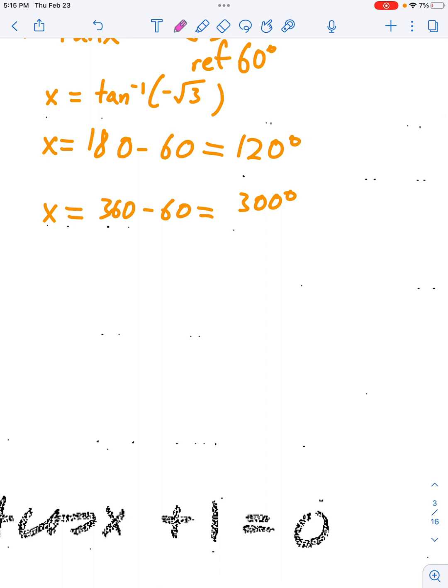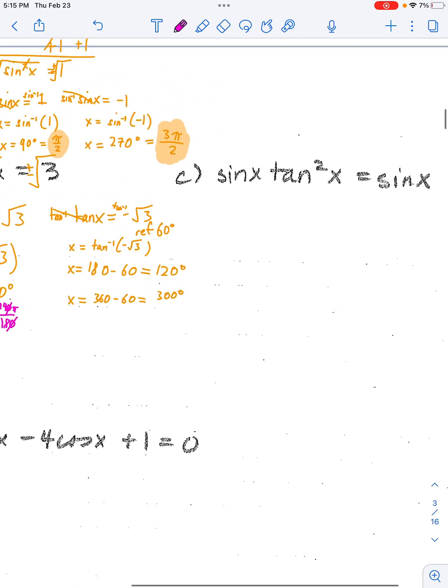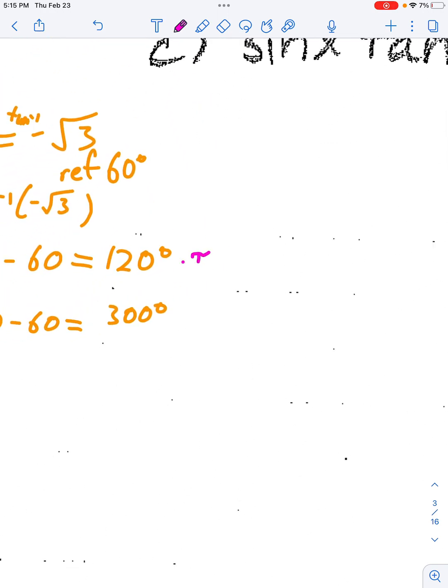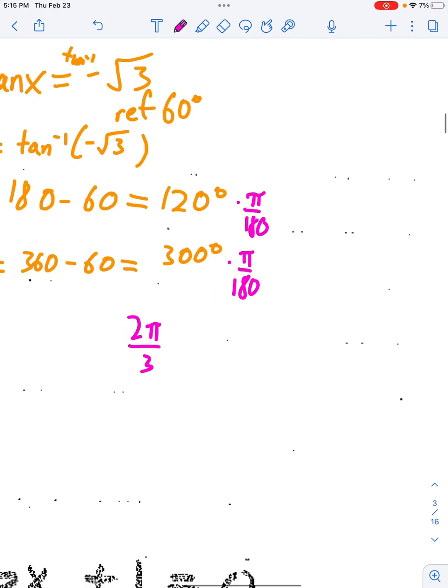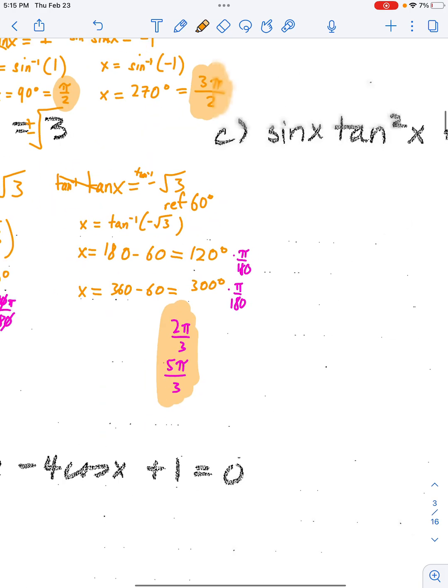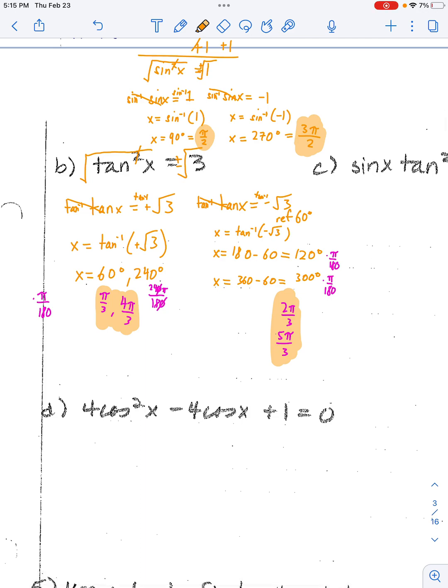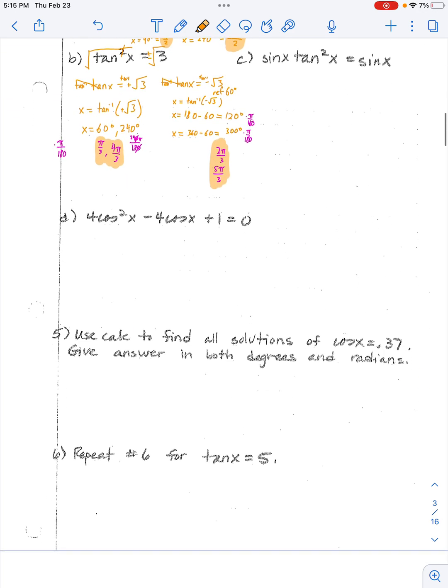Convert these other two to radians. We're going to get 2 pi over 3, and 300 divided by 60 is 5, so 5 pi over 3. So those are my 4 answers here. It might seem like a lot, but you got it.